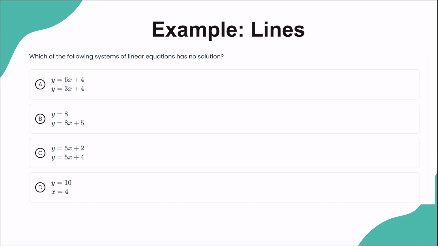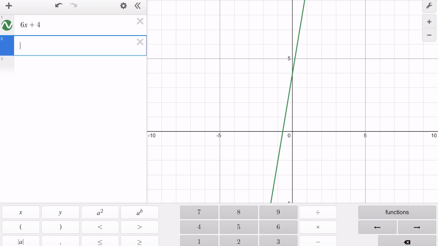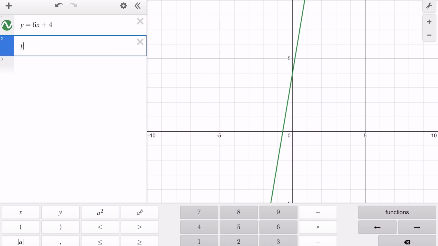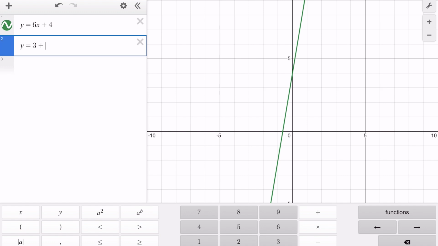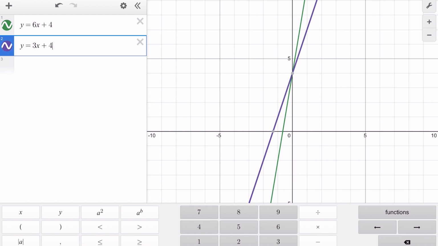Back in Desmos, 6x plus 4 and 3x plus 4.